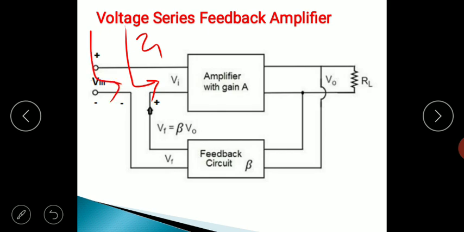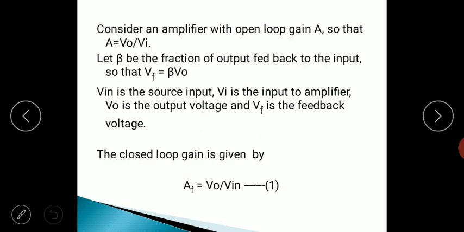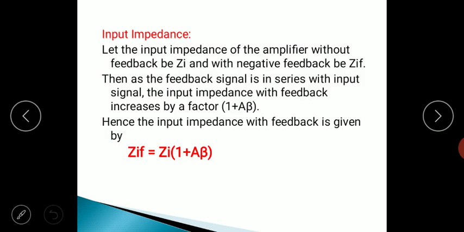So now we'll try to find what is the relationship between Zi and Zif for the voltage series feedback amplifier. If you write input impedance of the amplifier without feedback as Zi and with negative feedback as Zif, now we have to write the relationship between Zif and Zi.